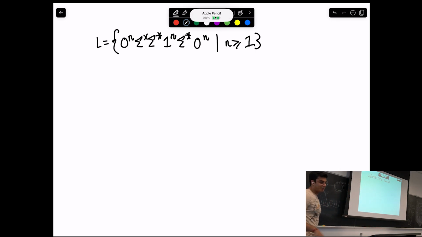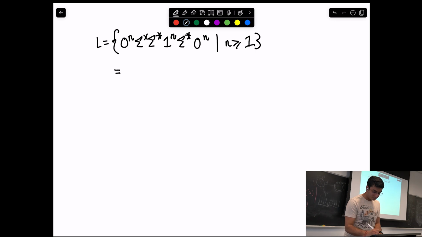Irregular. Okay, let's see. There was a similar example of this somewhere in the summer.